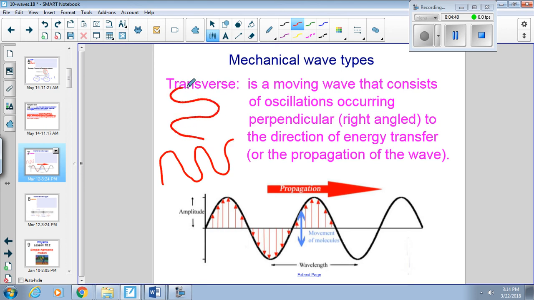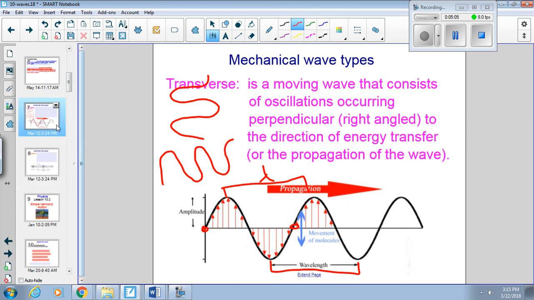All are going to make a transverse wave. So this is our standard wave, the one we see most often. Here's the amplitude, and here is our wavelength, crest to crest or trough to trough. Either way works. One complete wave from here all the way over here.